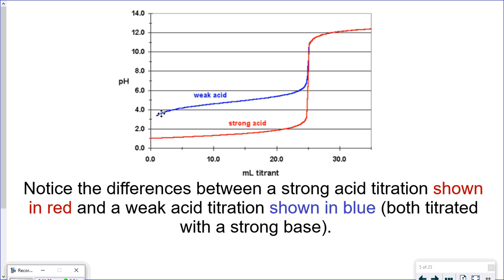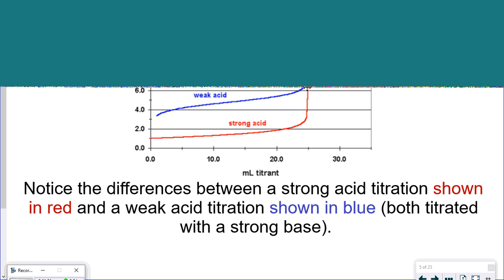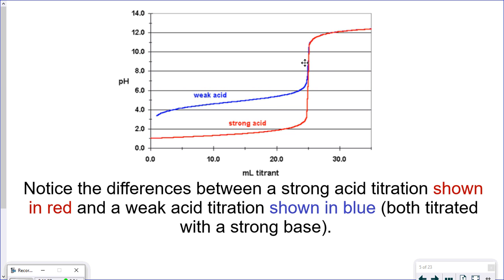You're going to have a gradual increase, and then it's kind of flatline until it goes to reach the equivalence point. Now, if you remember, the equivalence point is in the middle of this straight jump. It is going to be at a higher pH than whenever it's a strong acid and strong base. And then the tail end will be identical because that will be based off of only the hydroxide.